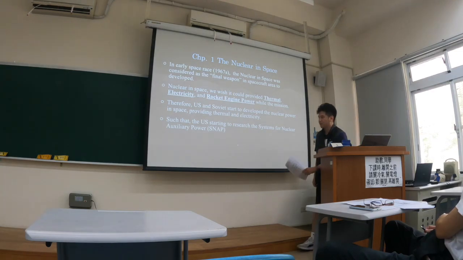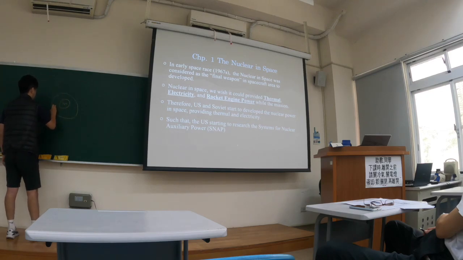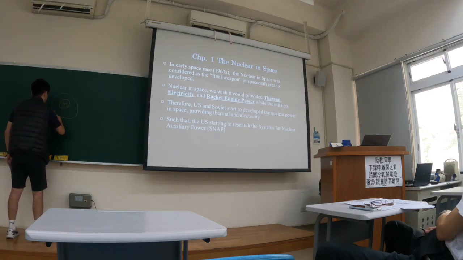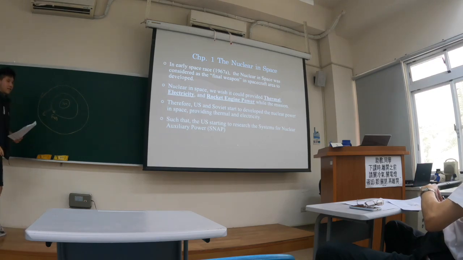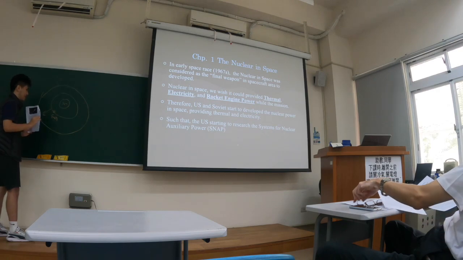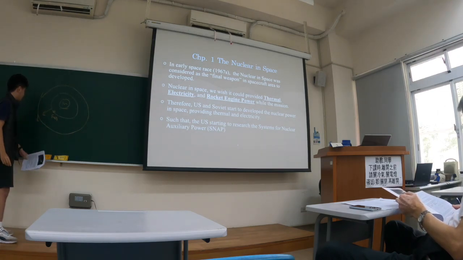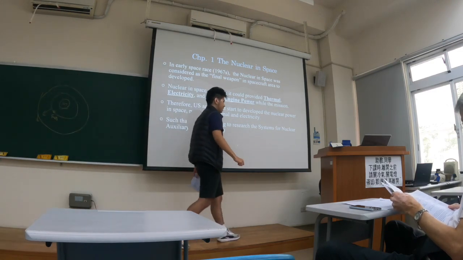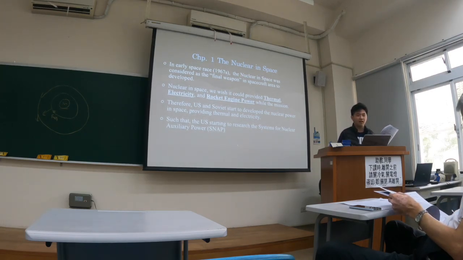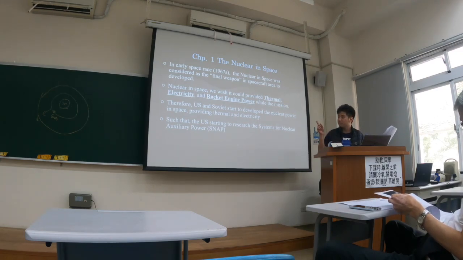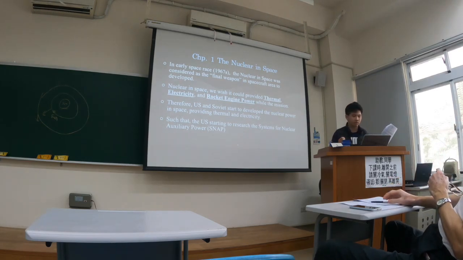But in outer space, this is the sun, and this is Earth. Farther from Earth, the solar energy gradually decreases because we are too far from the sun, and the electricity power decreases as well. So we need to find another energy generator to supply energy for humans and instruments to use.